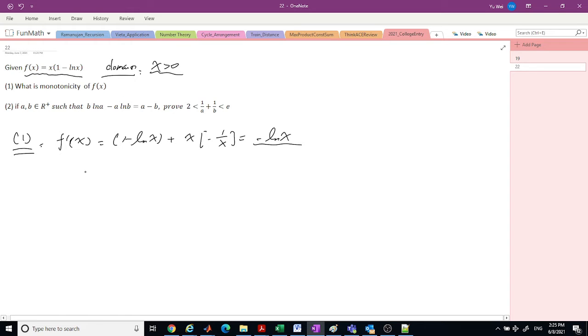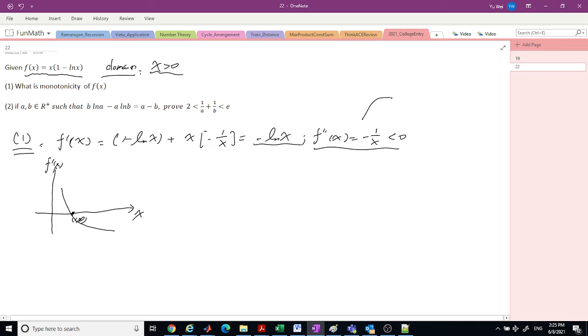So now let's draw a picture of f prime, the derivative of f(x). This one is 1 at 0, then it's like this. Then let's do the second derivative. So we know the curvature is equal to negative 1 over x, which is less than 0.